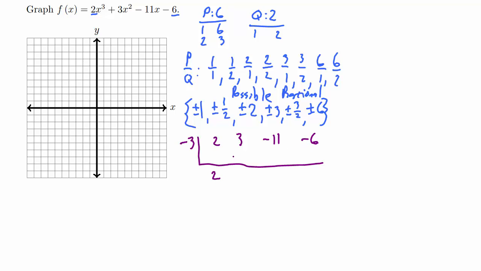Bring down the 2, multiply, add, multiply, add, multiply, and add. If you didn't get a 0 here, one of two things happened. Either you typed in the function wrong, or more than likely you messed up somewhere in here. Okay, fantastic. Now this is a quadratic, which means I could set it equal to 0 and solve. Absolutely, no problem with that.